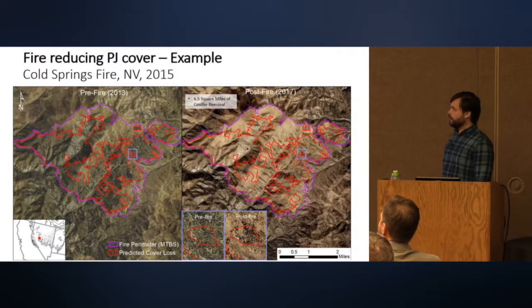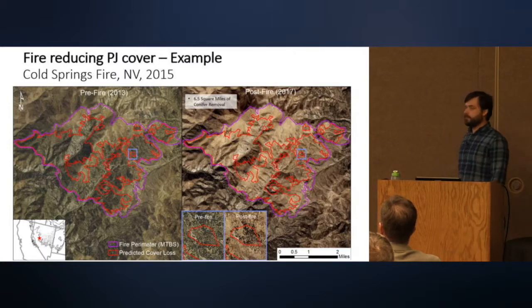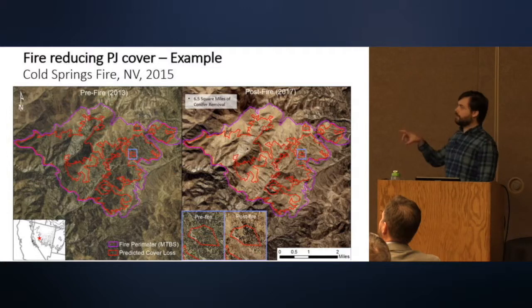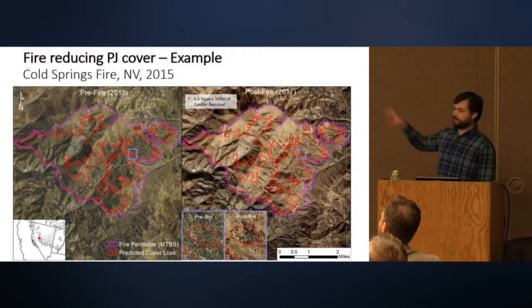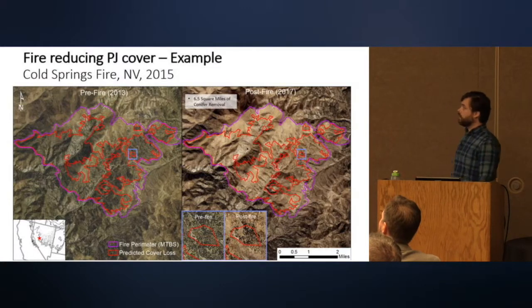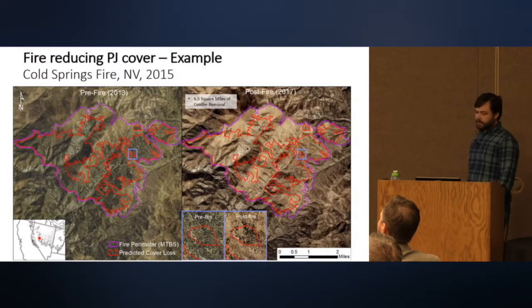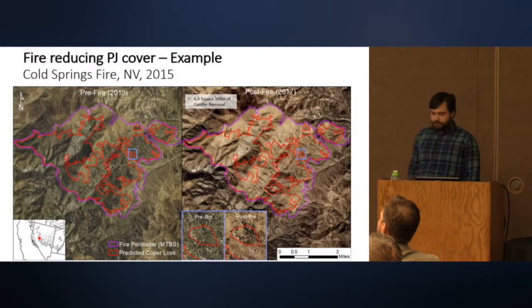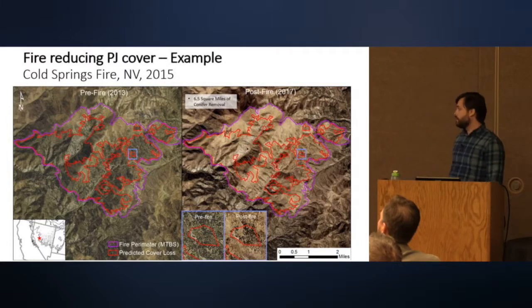And the purple outline that sits outside that is the Monitoring Trends in Burn Severity fire perimeter. And so that fire perimeter is what caused us to categorize this area of predicted conifer cover loss as being caused by wildfire. So in general, you can see that the model did a fairly good job of identifying where the conifer reductions occurred due to this wildfire.